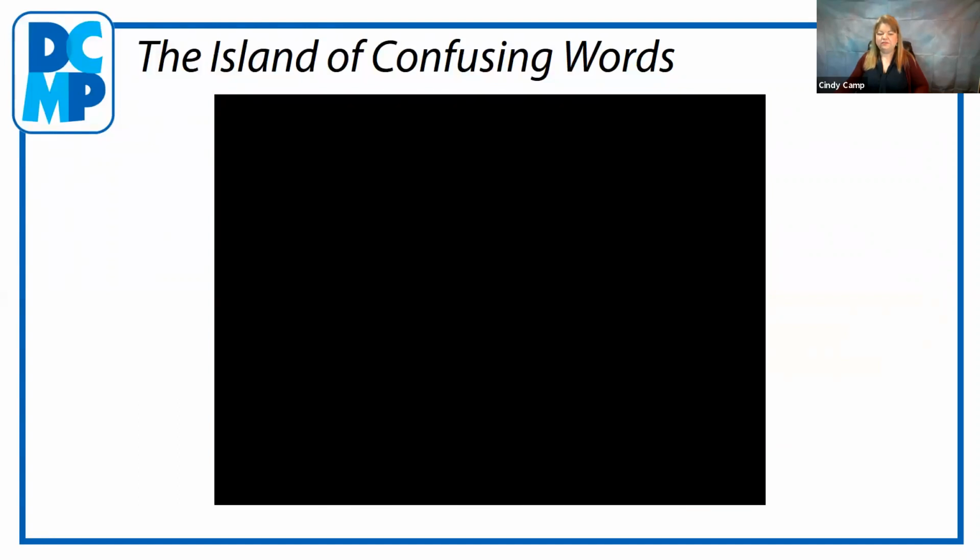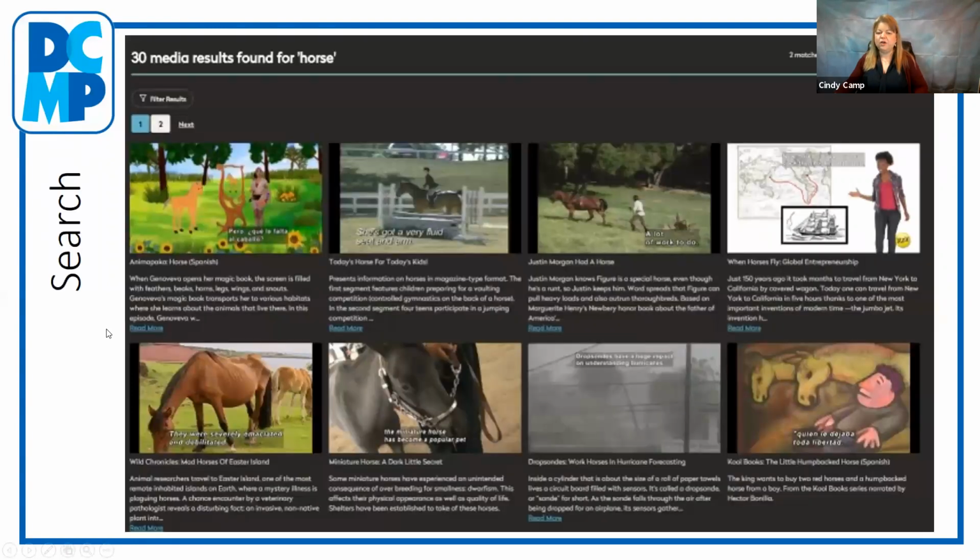Okay, so that's just a sample of one of the videos we have for language arts with the younger students. Now, when you go to our website, there are 2 ways that you can find materials. The first one is by searching. There's a little search box and you type in a word, a phrase, or the title of a video.